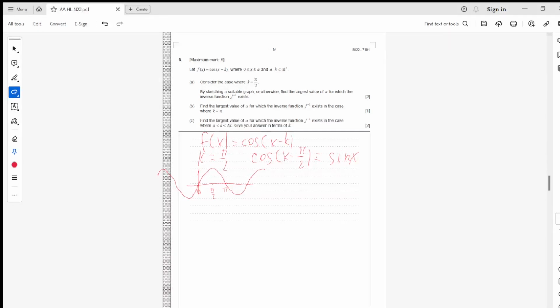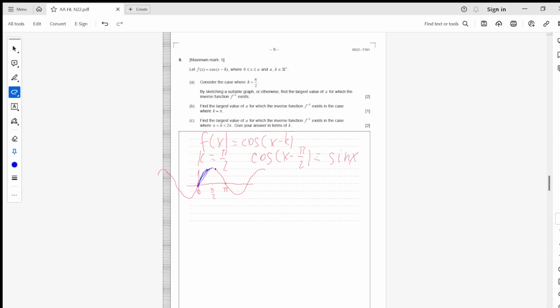The inverse of the function exists only if for a specific value of x we have only one value of y, and as we can see, this is true only for this segment, because from pi over 2, for example this point has the exact same value as this point.